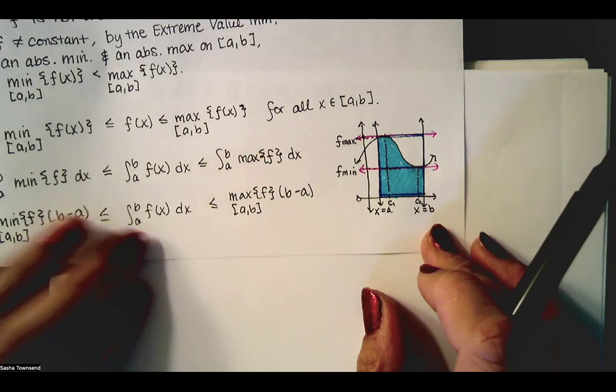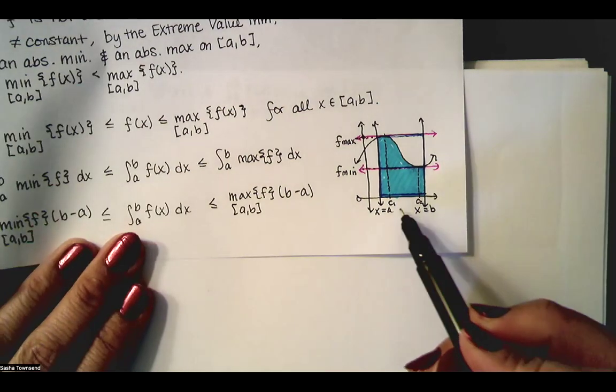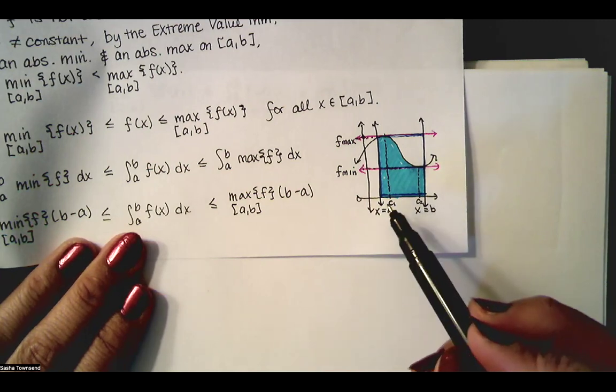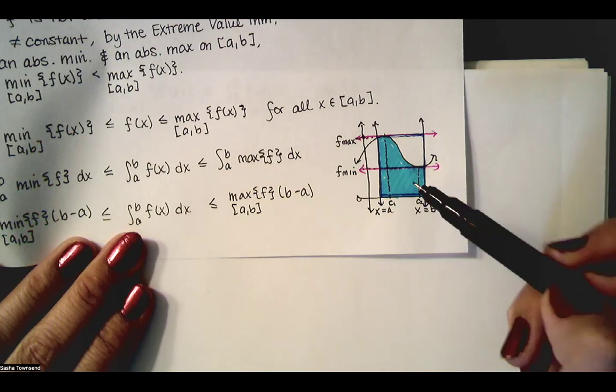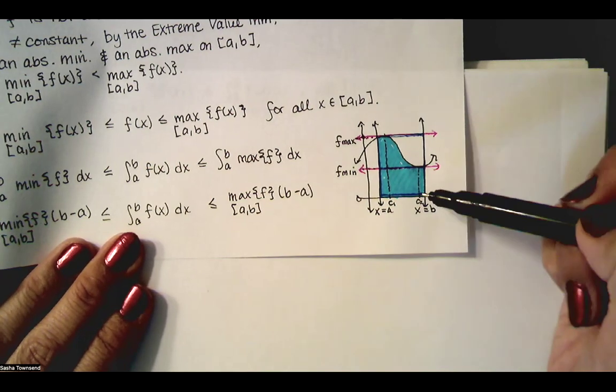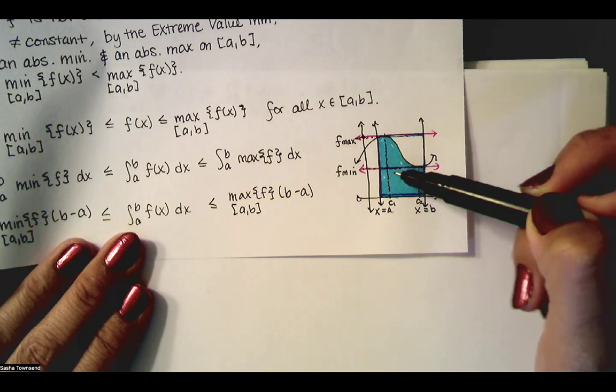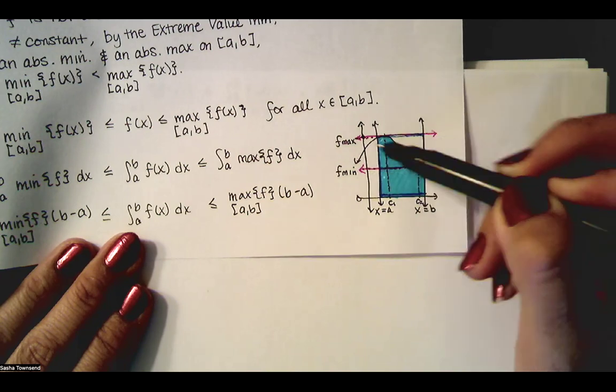Okay, so this interval C1 to C2 or C2 to C1, depending on which one happens to be less than the other one, we never really know. I mean, the minimum could have occurred over here rather than here. We could have drawn the graph going this way instead of this way.